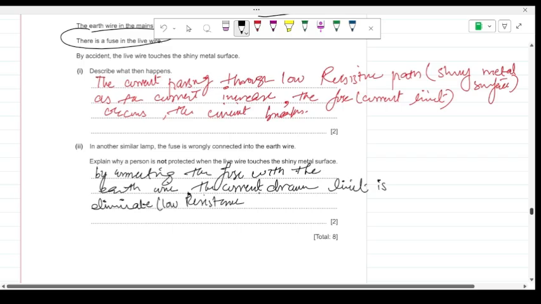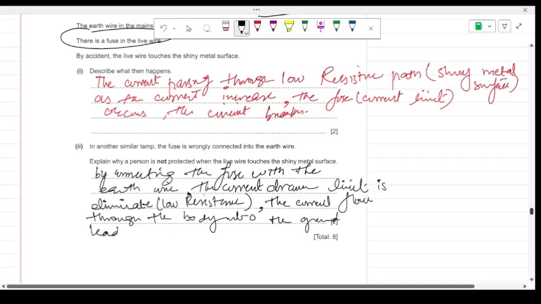If the person touches the wire, current flows through the body into the ground, leading to a severe electric shock.